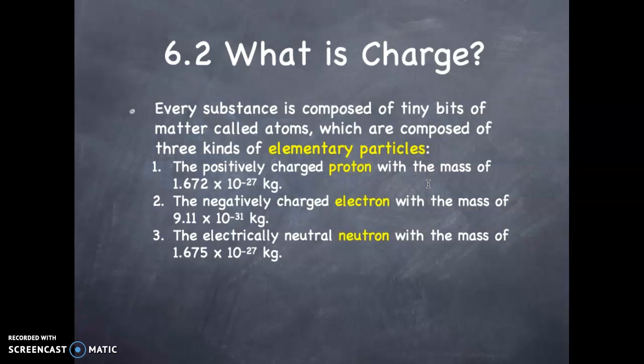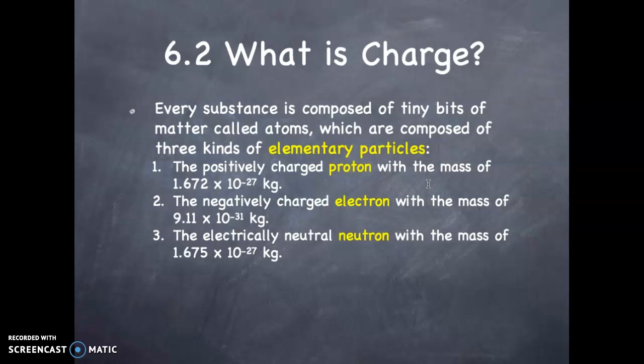So what is charge? Every substance is composed of tiny bits of matter called atoms, which are composed of 3 kinds of elementary particles. Elementary particles are those particles that do not have a measurable internal structure.